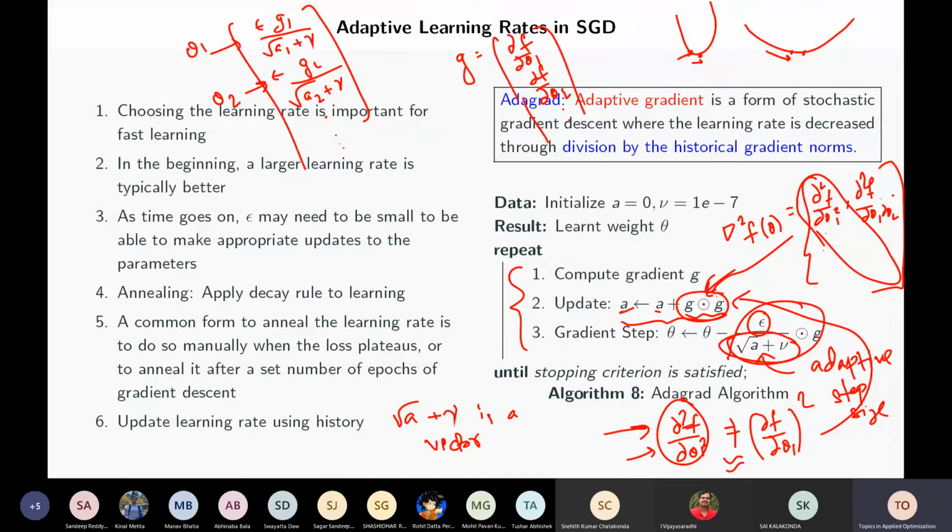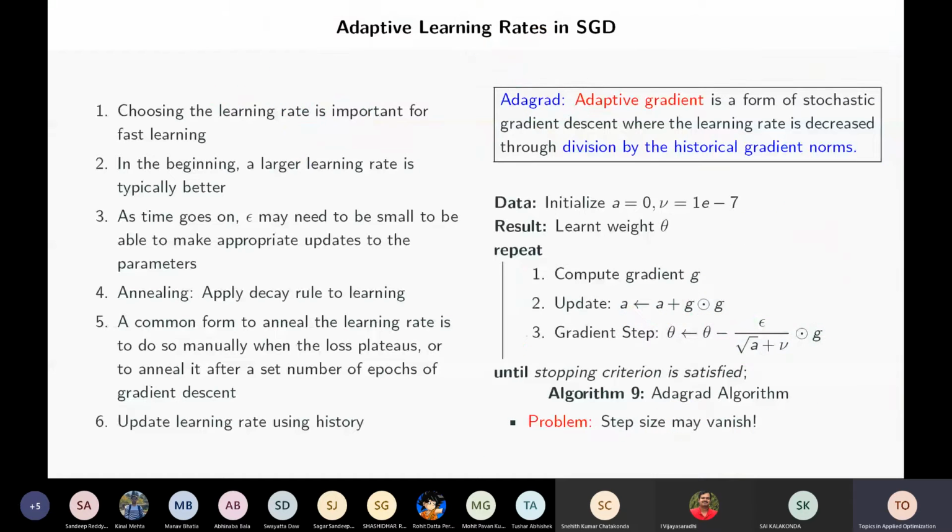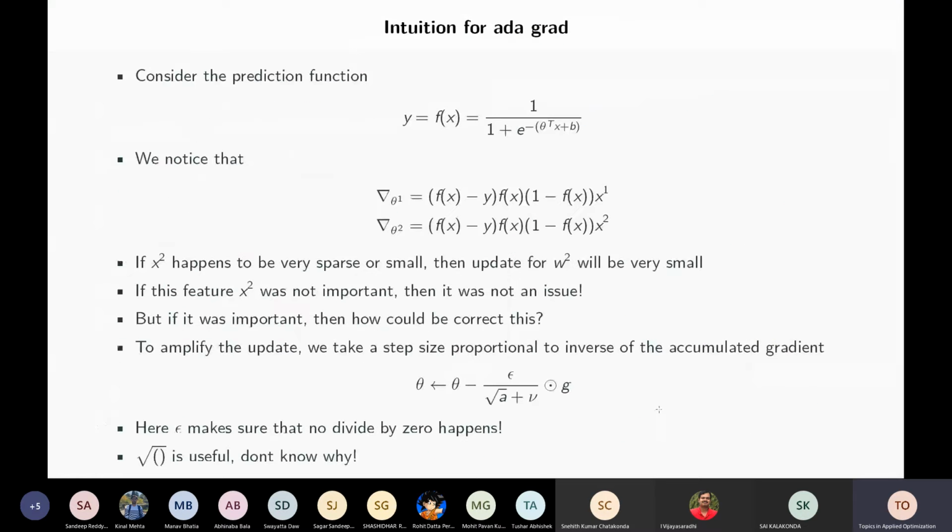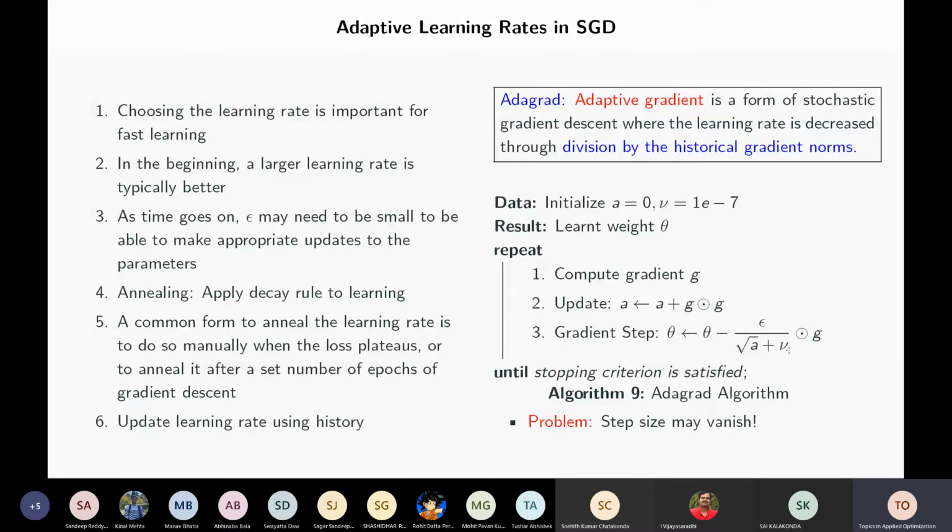So these are the intuitive ideas behind AdaGrad. Again, I will not claim that this is a sure thing for everything. As I said, these are heuristics, and you can always come up with an example where AdaGrad will do very badly.